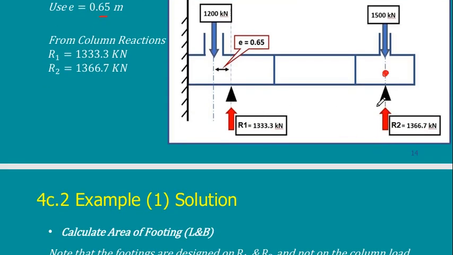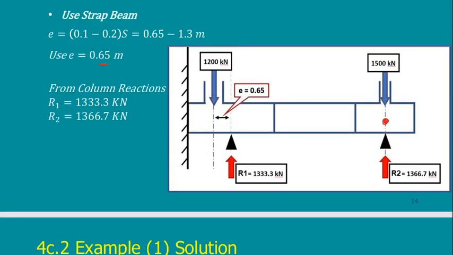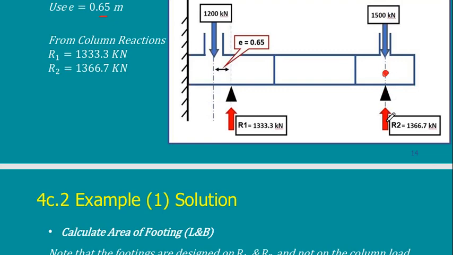So now these are my imaginary footings. What should I do? I should design footings to carry R1 and R2 and not these previous forces. I will need them later, but for the time being, I'm just going to imagine that my two columns are now shifted, one of them in the same place, and the other is shifted by a value of E, 0.65, and I know the new value for R1 and the new value for R2.